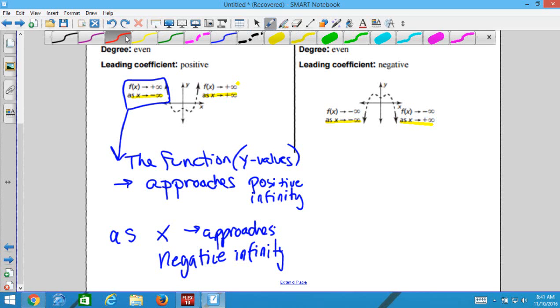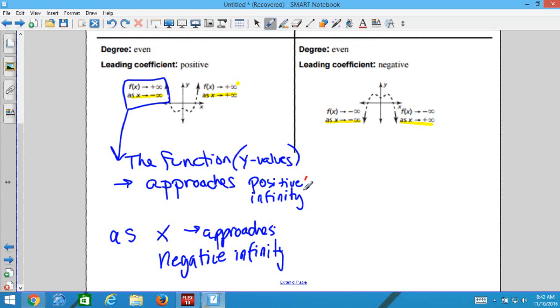So if the y values are approaching positive infinity, that means the direction of this graph is going up. And down. And if the x approaches negative infinity, that means to the left.